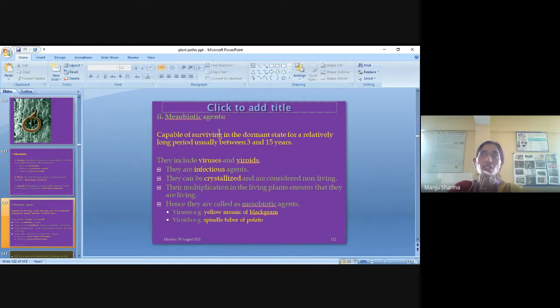Infectious in the sense that whenever a plant is infected by some disease, another plant that comes in contact with the infected plant will definitely be infected by the same disease. Infection means the establishment of a pathogen between two organisms.